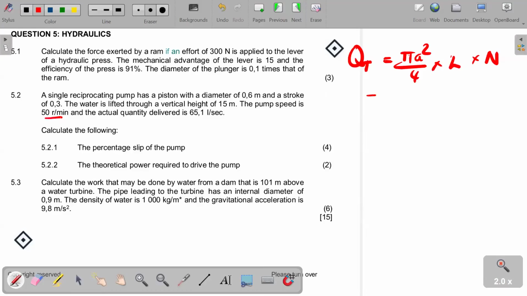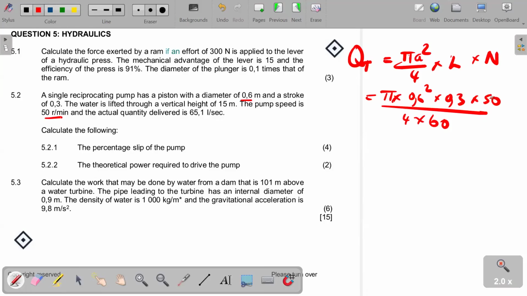Substituting what we have, pi multiplied by the diameter of the piston, 0.6, squared, multiplying the stroke length 0.3, multiplying the speed 50, divided by 4 times 60.